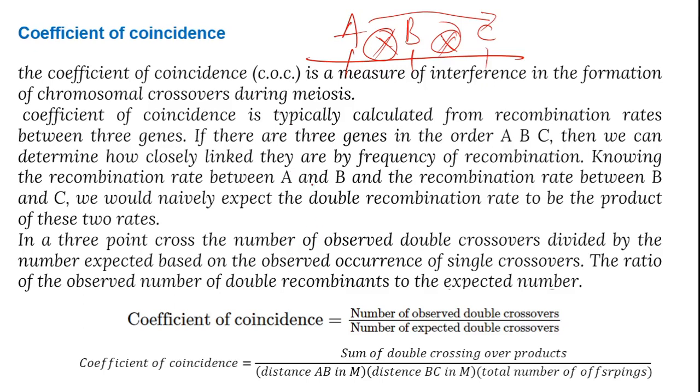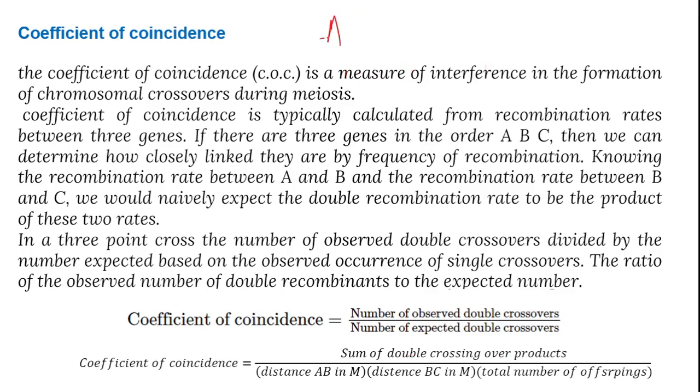How to calculate that: the coefficient of coincidence is equal to the sum of double crossing over products divided by the distance. Assume that A, B, C genes are there, and small a, small b, small c genes are there. Assume this is the spot of crossing over and this is the spot of crossing over. If you measure the distance between A and B with some formulas, it is also equal to that between small a and small b.